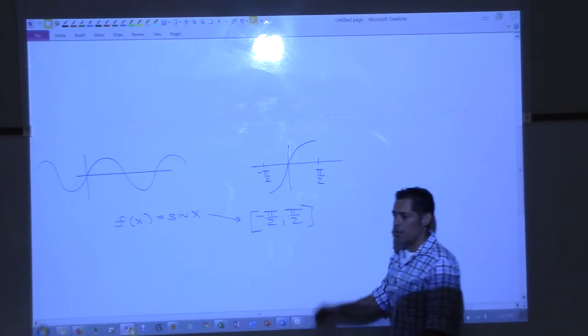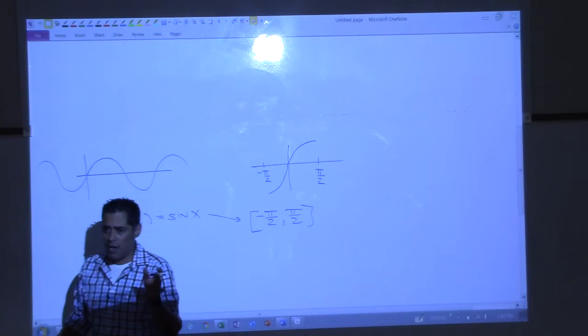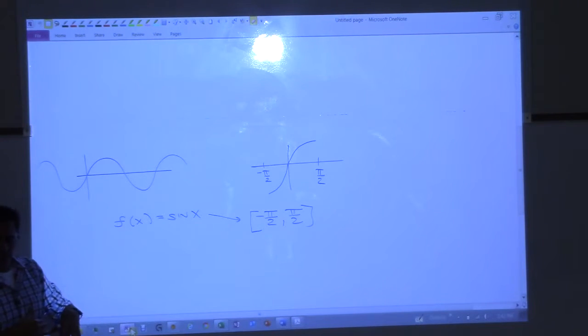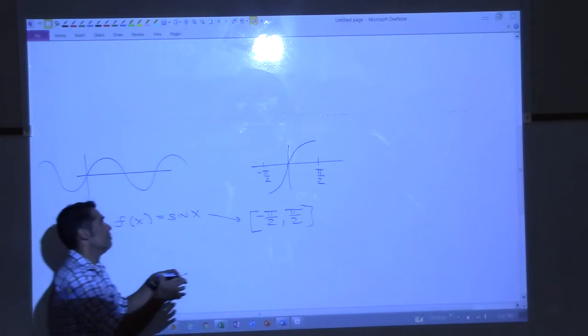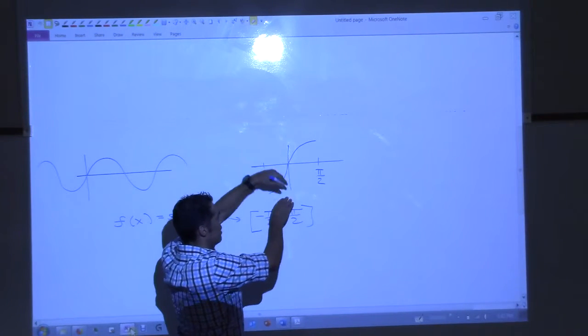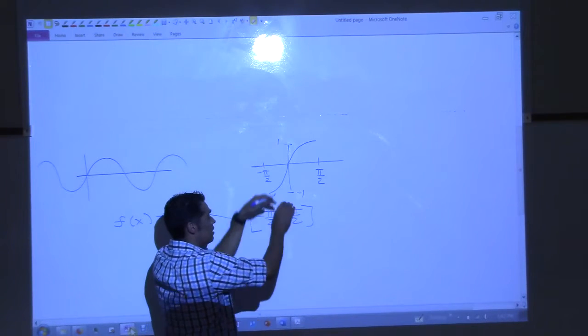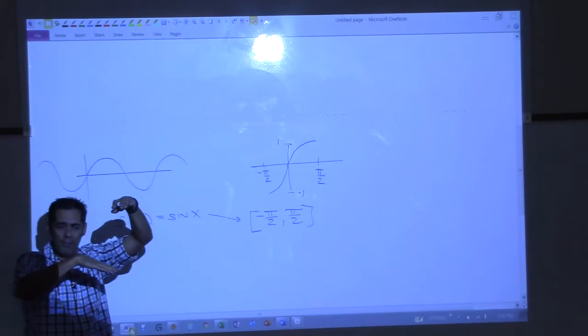That picture is a function, passes the vertical line test, and passes the horizontal line test. So it's invertible, it has an inverse, and it also achieves its entire range. The range is from -1 to 1, and on this little snippet of the function, it achieves every value between -1 and 1.